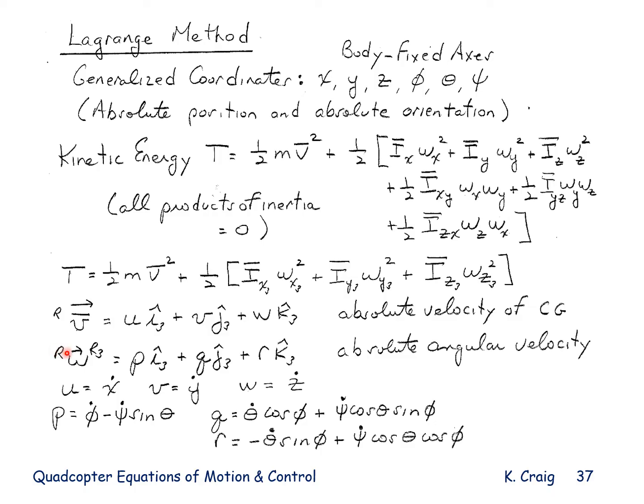It is written in terms of the unit vectors I bar 3, J bar 3, K bar 3 of the body fixed reference system, and those components are p, q, and r. p, q, and r are shown here. These are the definitions. And u is x dot, v is y dot, w is z dot in the expression for the absolute velocity of the center of mass.